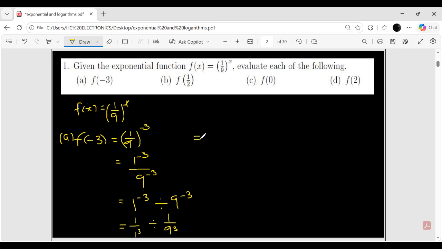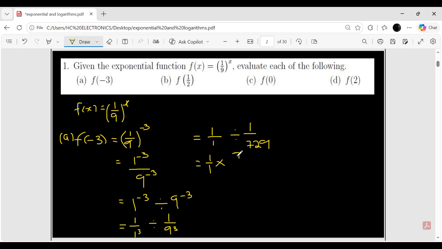So the result is going to be 1 to the power 3, which is 1, divided by 1 over 9 to the power 3. 9 to the power 3 is 9 times 9 times 9, which is 729. If you have a division, we change it to multiplication, so the 729 goes up and the 1 comes down.